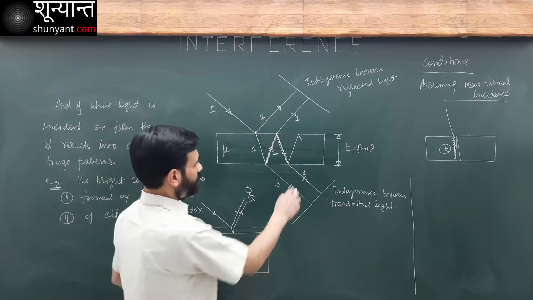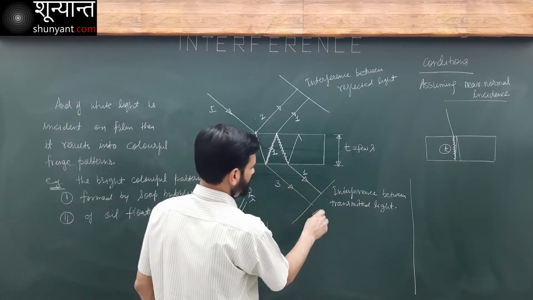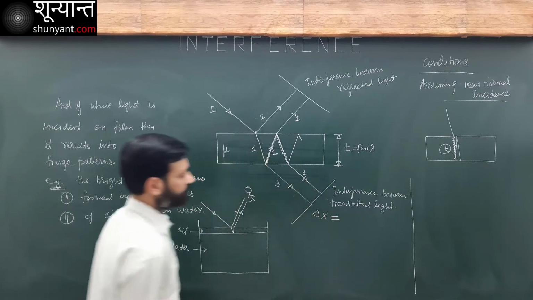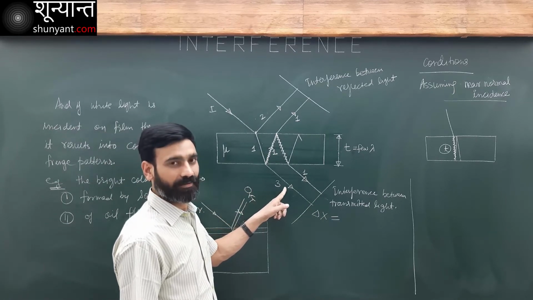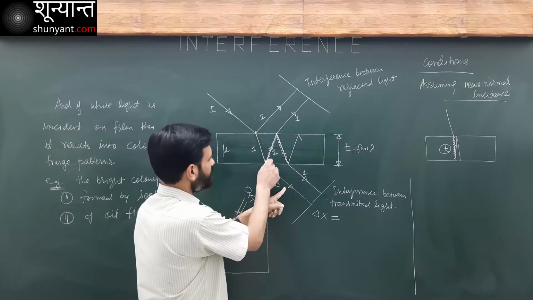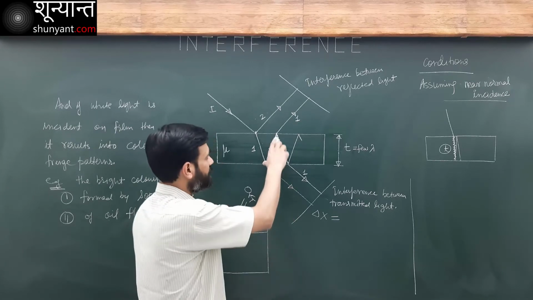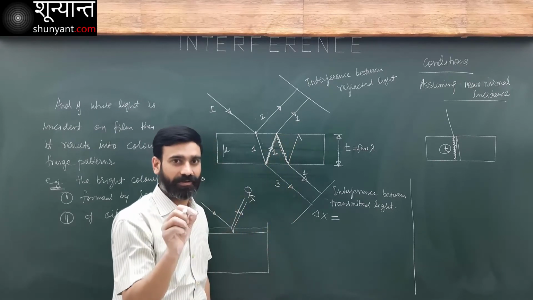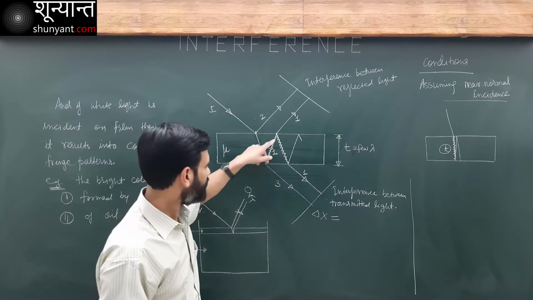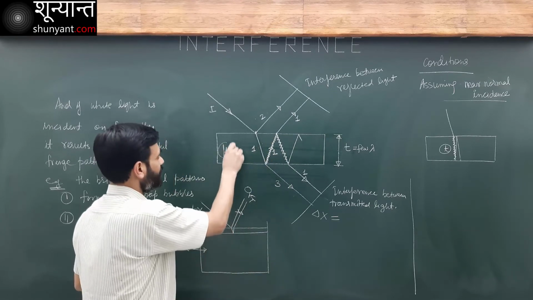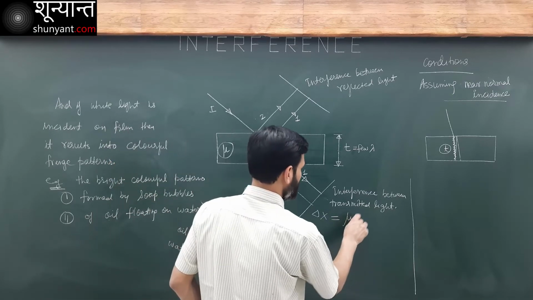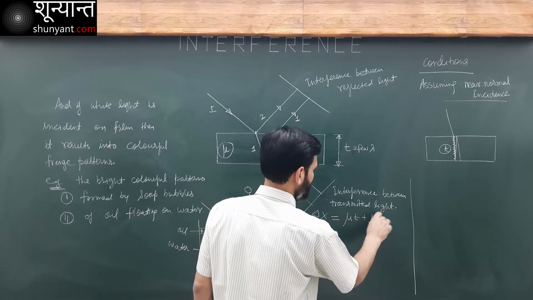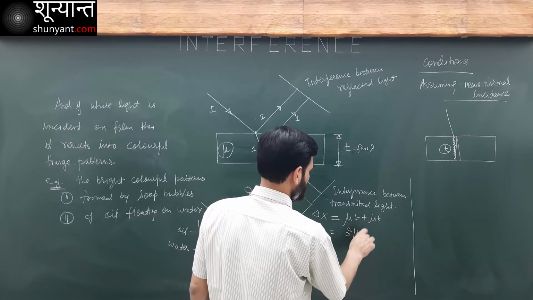Now between these two light rays, what is the path difference? With respect to this light, this light has traveled what extra path? t and t, 2t. But it is traveling 2t in this medium, refractive index mu. So what will be the optical path? It will be equal to mu t plus mu t, which is 2 mu t.